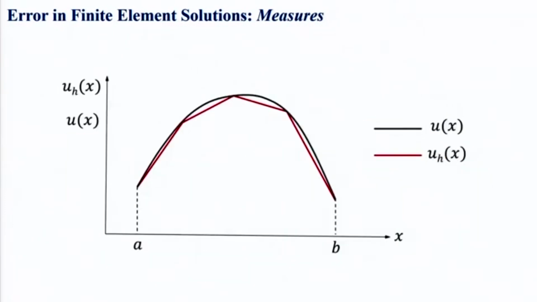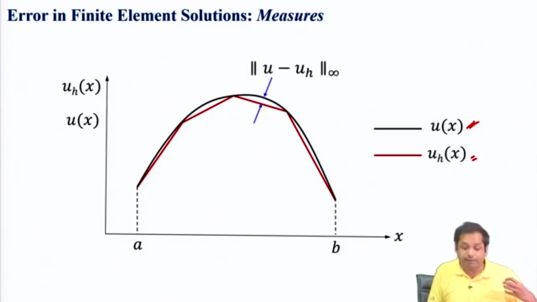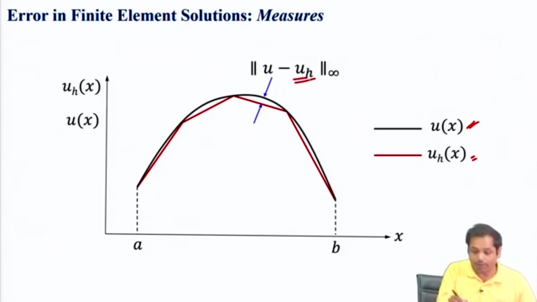Now, for instance, suppose blue one is the true solution and the red one is the finite element solution. Now, the maximum difference between the true solution and finite element solution is this norm. Okay.